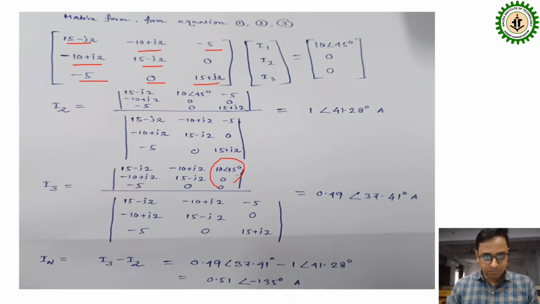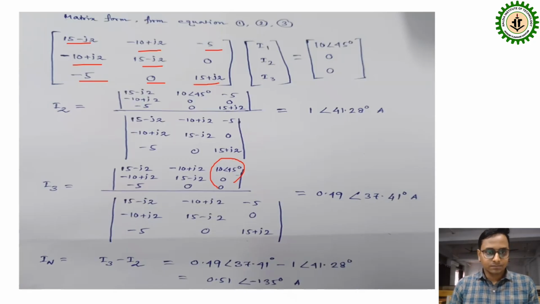Then minus 5 into this, minus of this into this. And this is the determinant. In the same way, we can solve this denominator also. After solving this, we will be getting 1 at an angle 41.28 degrees.